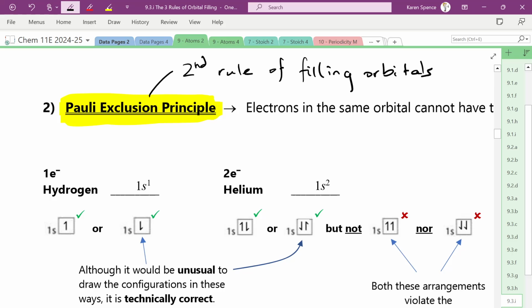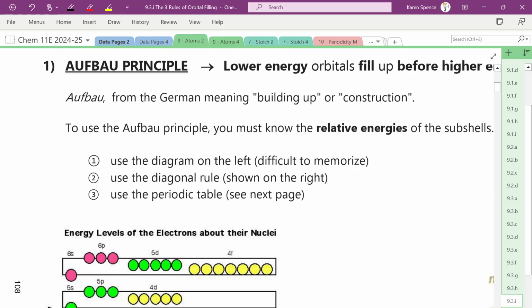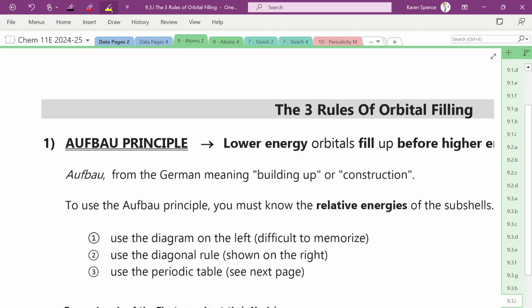The first one was, what did we call that first one? Where you have to fill in the lowest ones first. That's called the Aufbau.